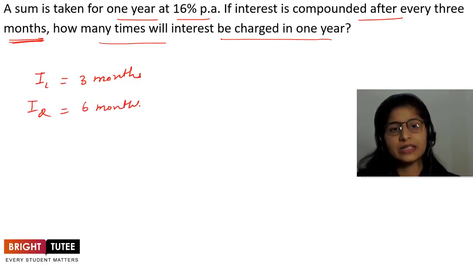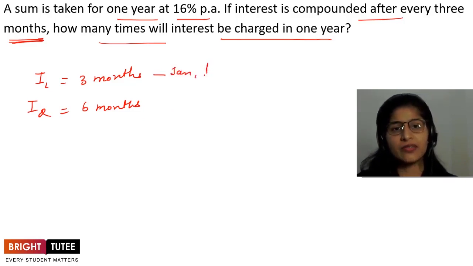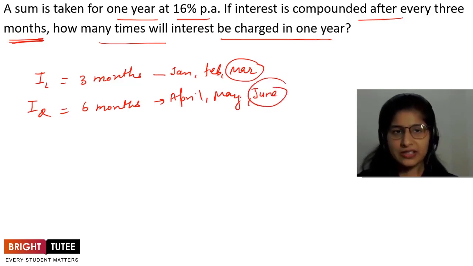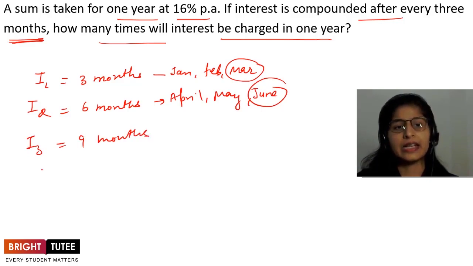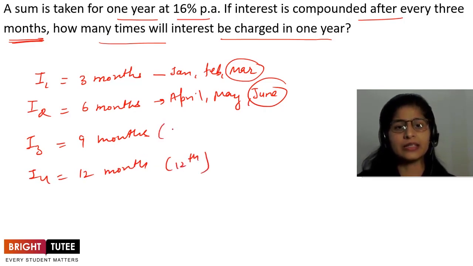So suppose it is January, February and March. At the end of March it will be charged, then April, May and June. At the end of June it will be charged, and similarly after 9 months, and then the last one is after 12 months.